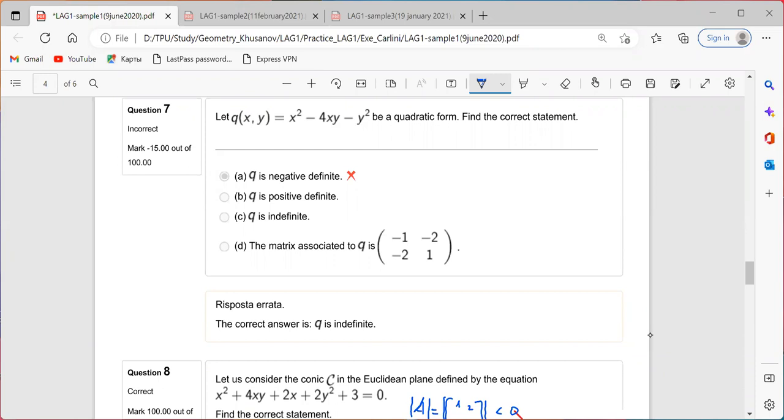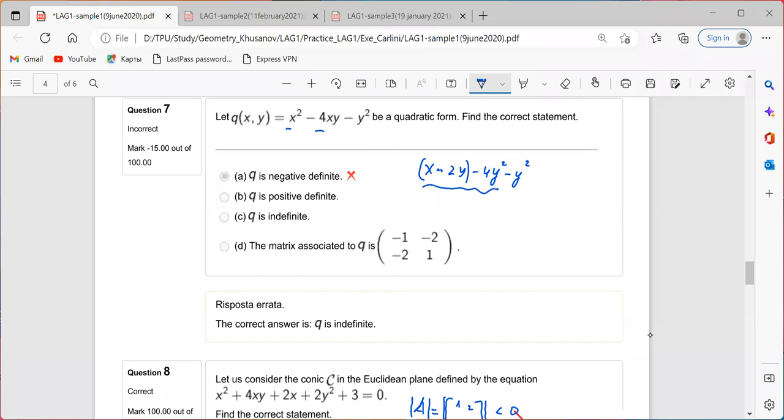Maybe we can start with a simpler way. We can reconstruct this quadratic form like (x minus 2y) squared, taking from the first and second components, minus 4y squared. We put this here to keep balance, and minus y squared again.